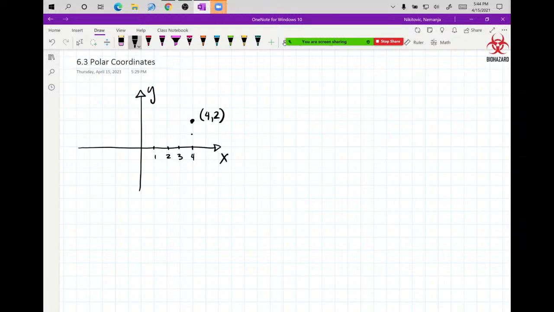In general, we go down the x-axis and then go up or down to reach the point, and then the point is written as (4, 2), where 4 is x and 2 is y.